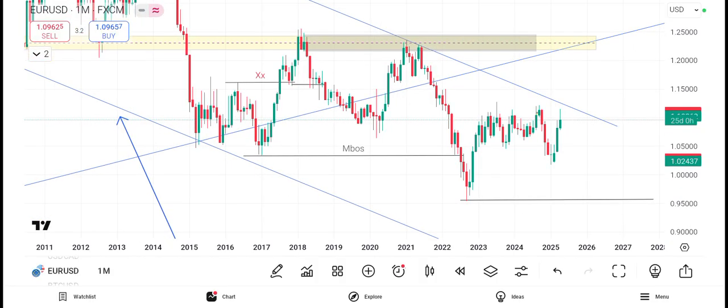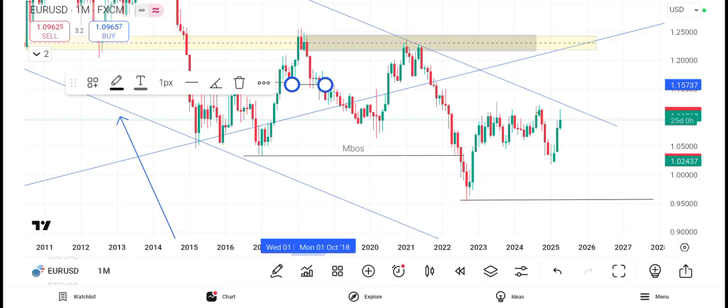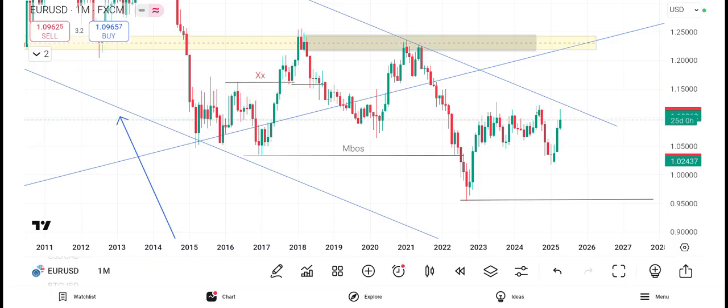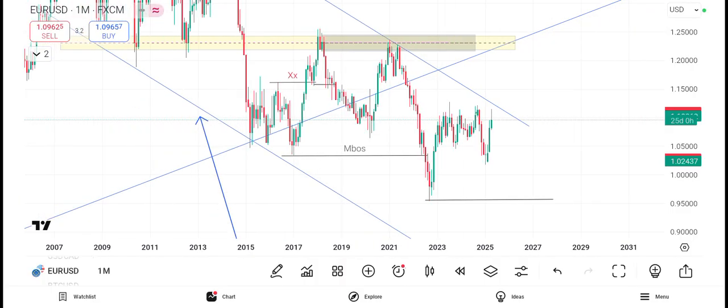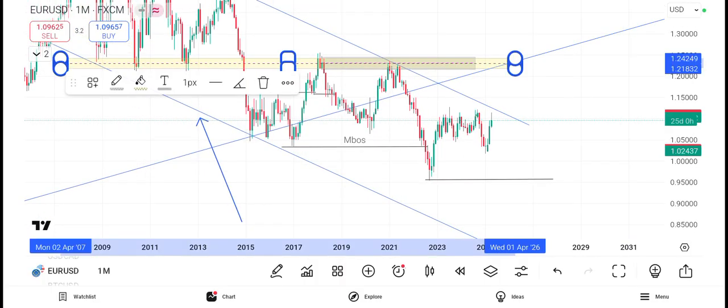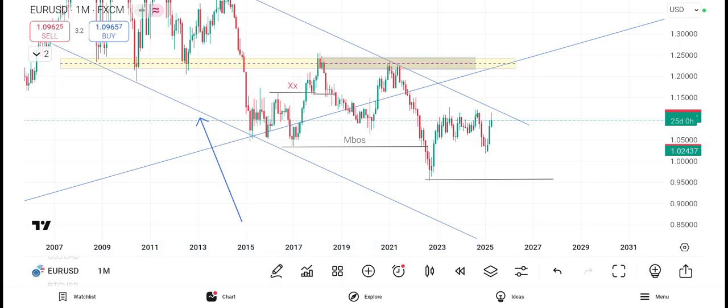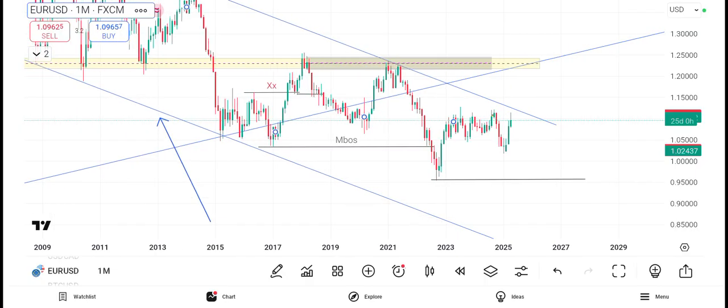So having this change of character here, we know that price is coming for that order block, and that order block is sitting pretty in our resistance level. It made that area a strong point, and you can see how price displays from there, forming a double top at this point.